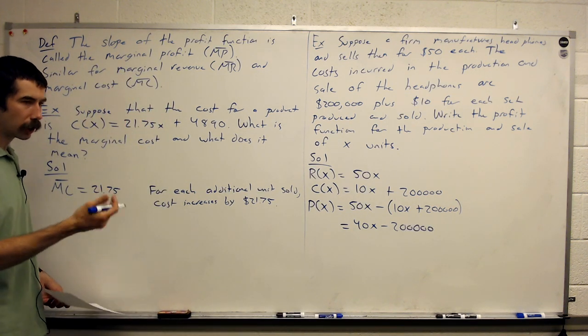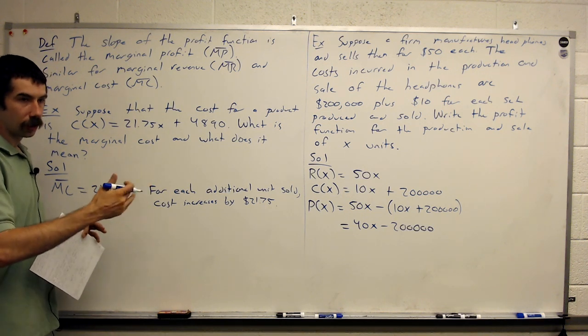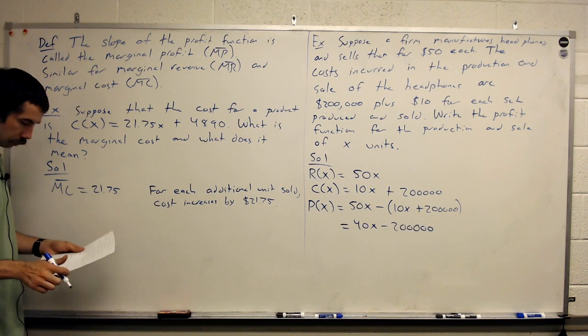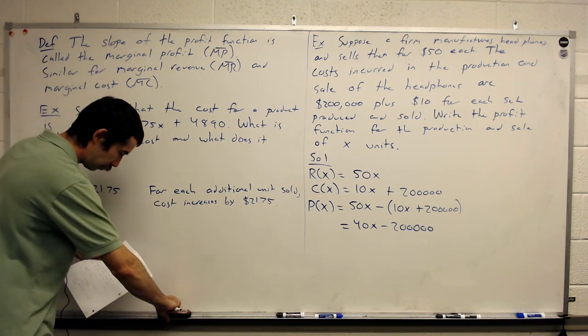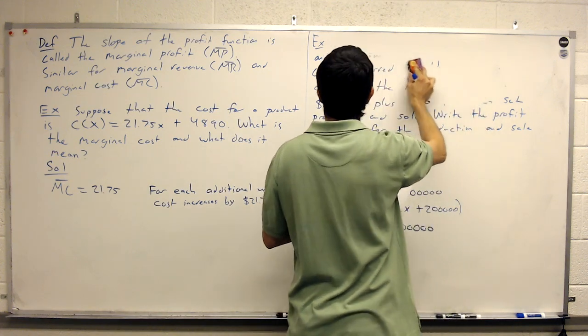All right, so marginal cost or marginal revenue or marginal profit tells us how much our function increases by that next unit sold. All right, let's take a look at another example, and then we'll move on to economics.